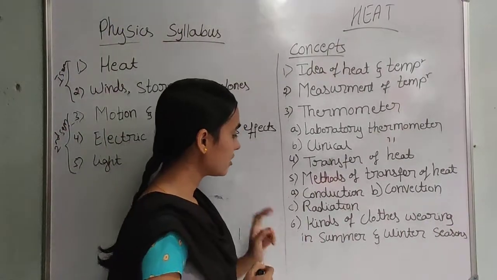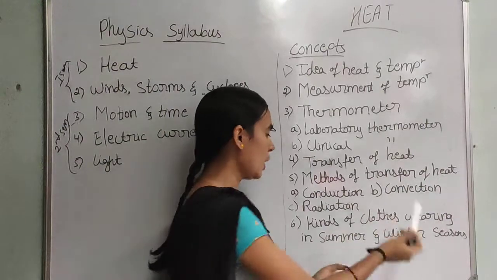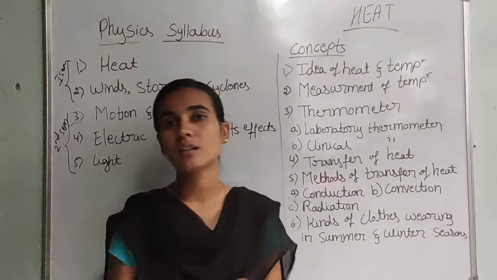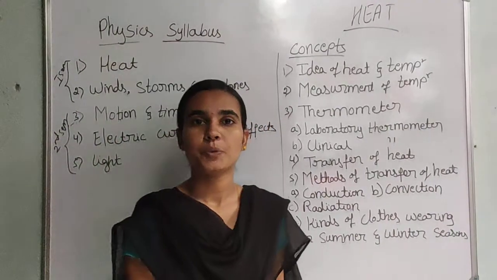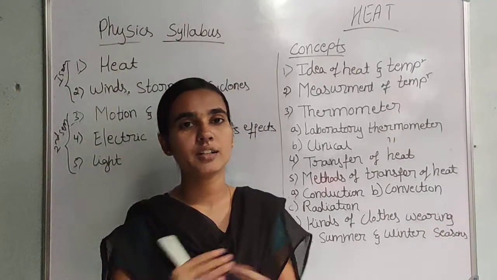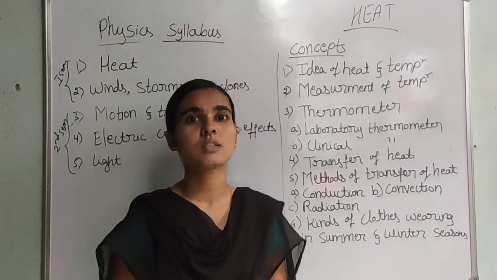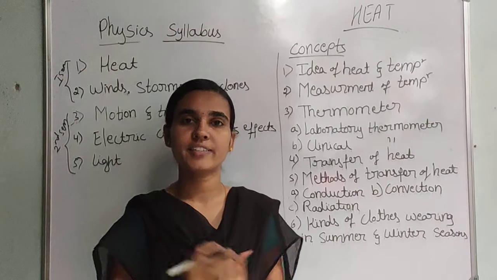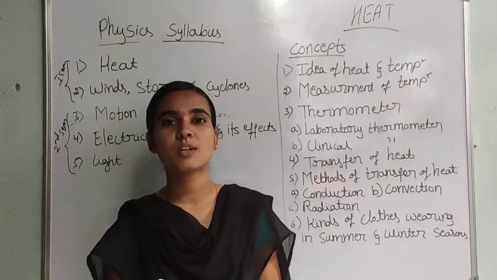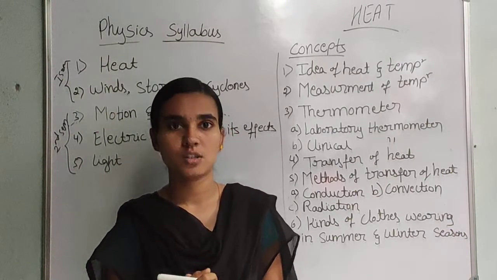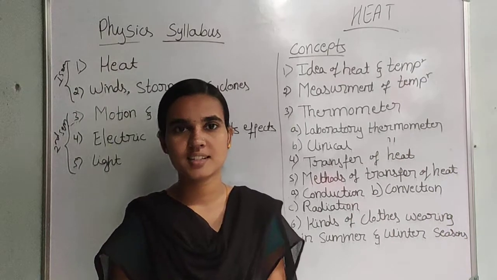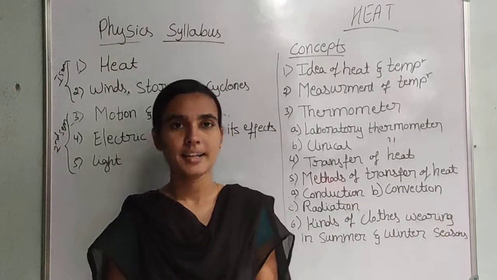The last concept is kinds of cloth worn in summer and winter seasons. We human beings do not wear the same type of cloth in all seasons. We wear different styles or different types of cloth according to the season. Mainly we observe three seasons: winter, summer and rainy season.